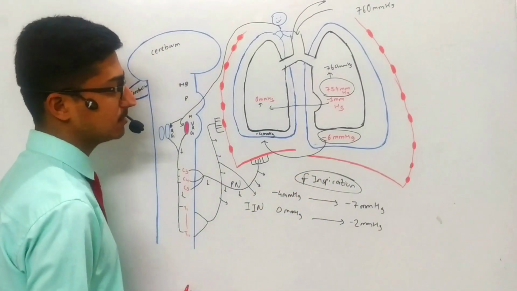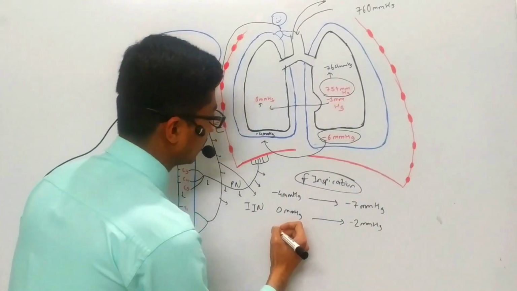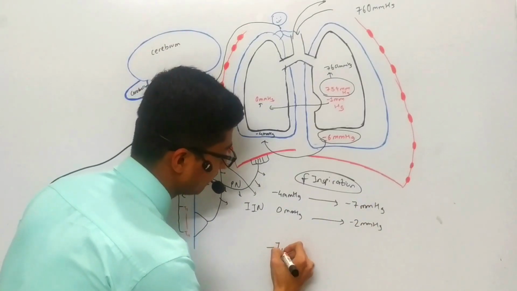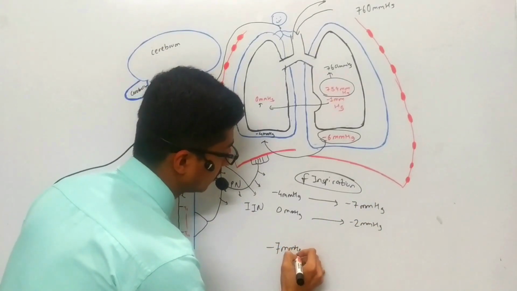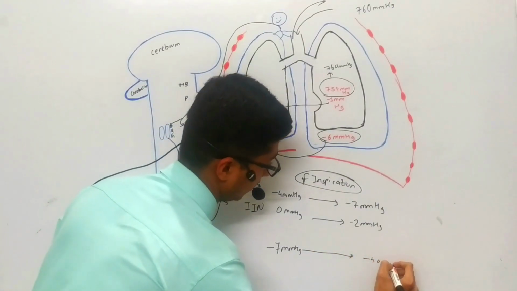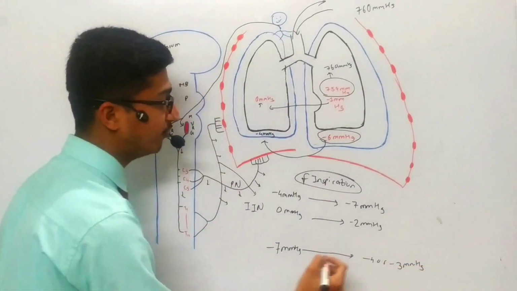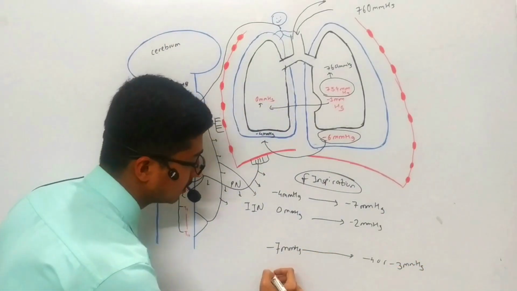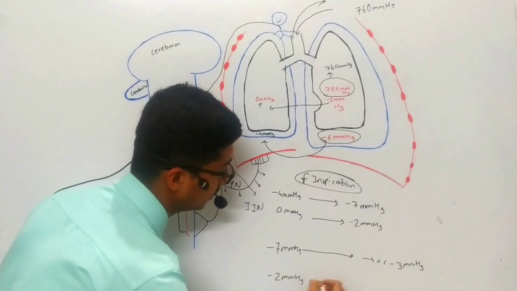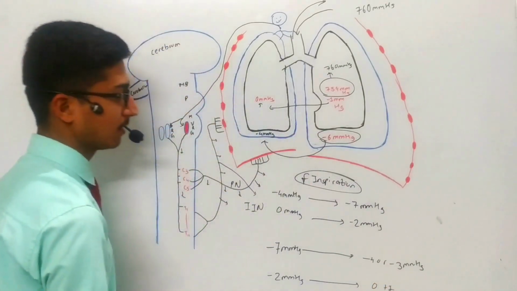Similar things happen when we are talking about forced expiration. The pressure which reached up to -7 mm of mercury will reach up to -4, or maybe -3 mm of mercury. Similarly, pressure inside the lung, which was -2 mm of mercury, may reach up to 0 or +1.